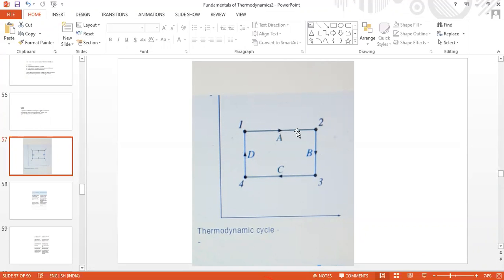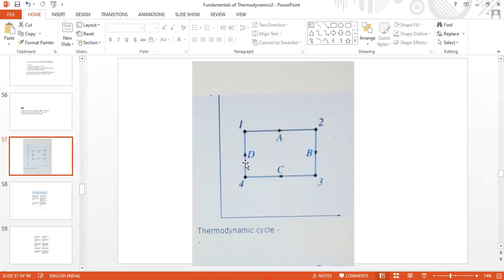What does the area of this diagram on, for example, a PV chart represent? I'm asking you the area 1, 2, 3, 4, 1. What does the same area on the PV chart represent?